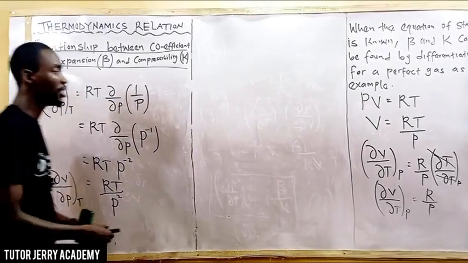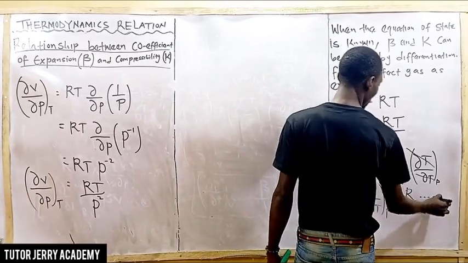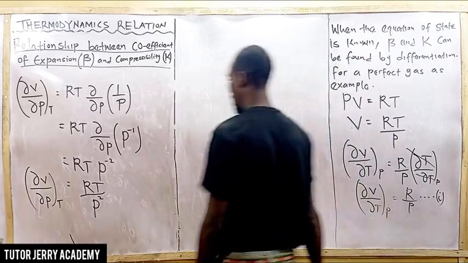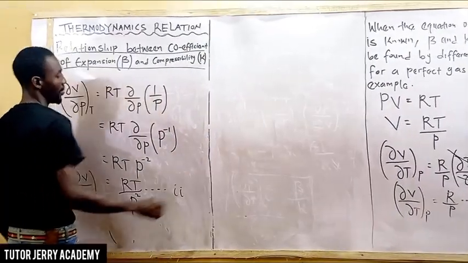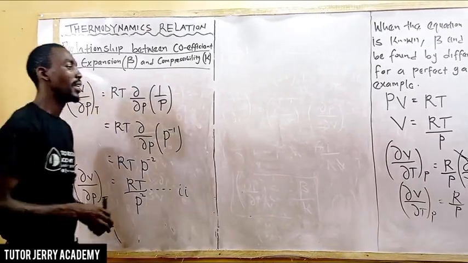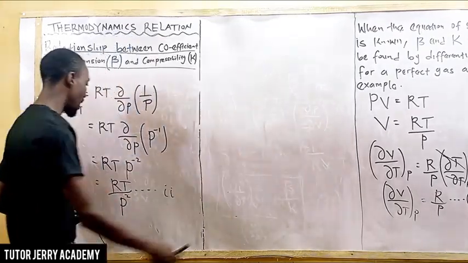We've established this. Let's call this one equation 1 prime, and let's call this equation 2. All right. So now let me rewrite this equation and this equation here.